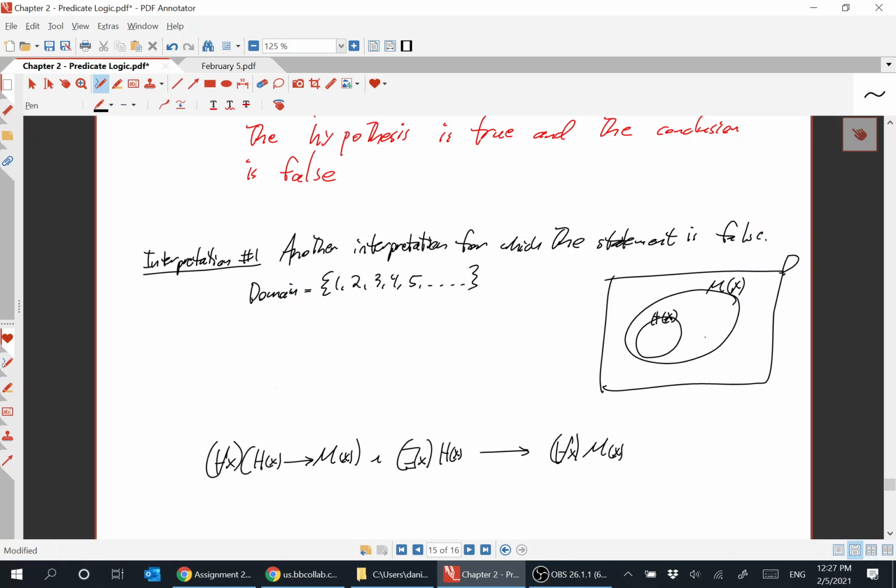So something like that. And where this is false, not everything is M. So any interpretation you come up with where M is properly contained within the domain, and contains H, or it could be equal to H. In the previous example, it was equal to H. Let's make an example where it's not actually equal. Anything looking like this is going to work, because this is going to be false, and these will both be true.